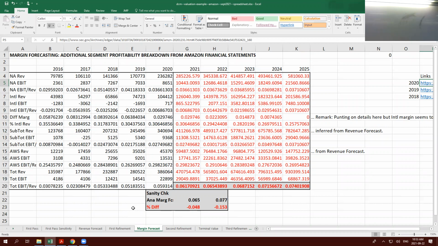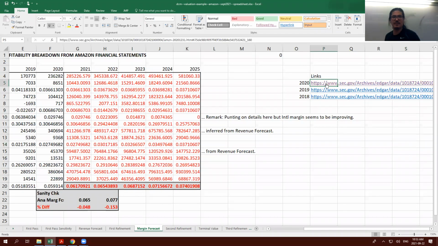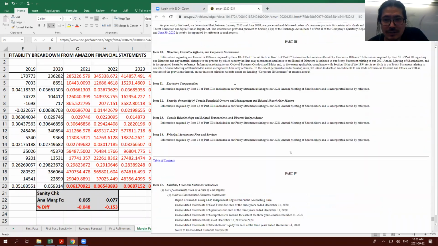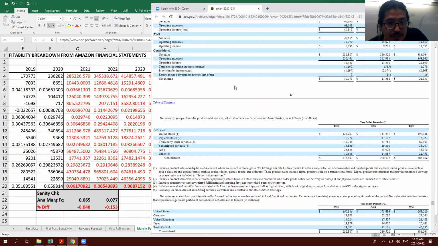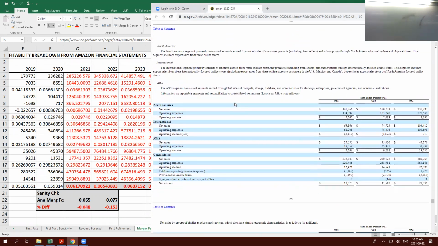So let me show you the data. I can even go straight to the source. Boom, boom, boom. These are the SEC filings. I don't know why it's taking us all the way to the back of the filing, but the good news is I think the information is there. When I say Amazon discloses a bit more at the segment level than other companies, it's basically this.